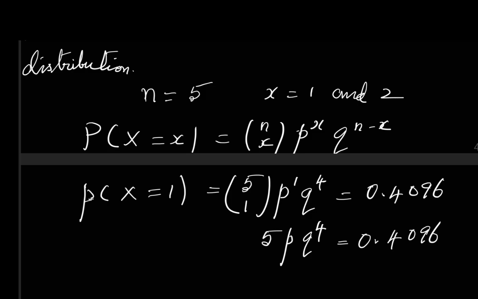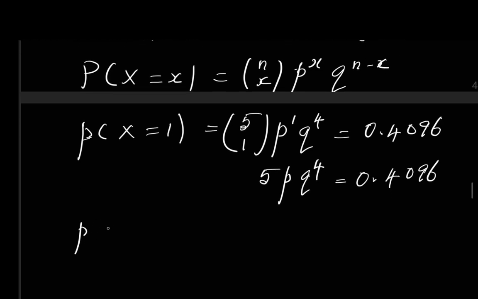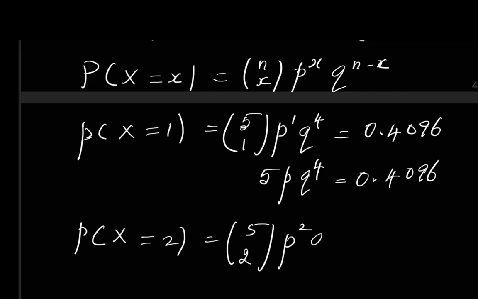Then take P of x equal to 2. 5C2, P power 2, Q power 5 minus 2 is 3, which is equal to 0.2048.